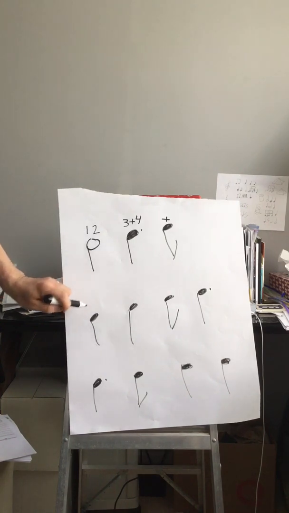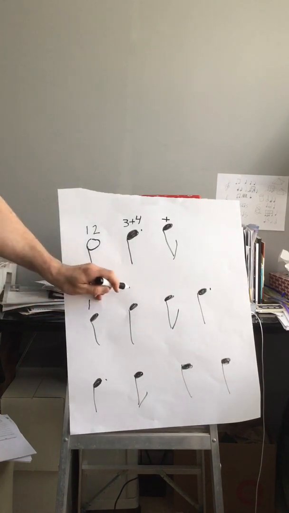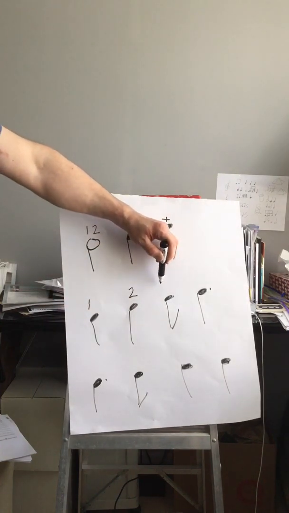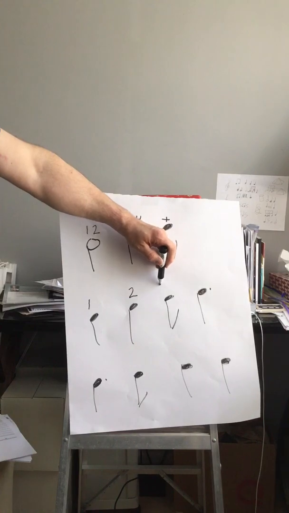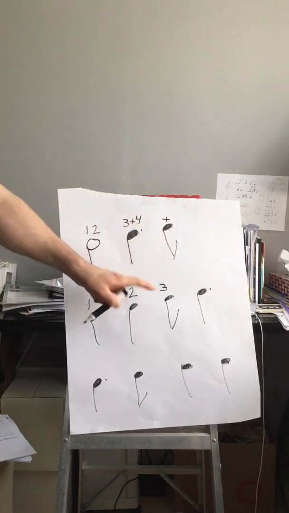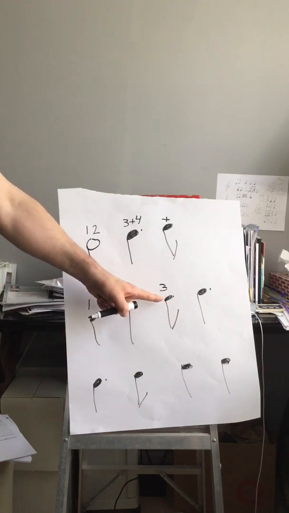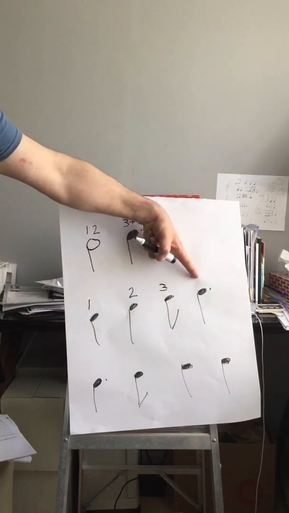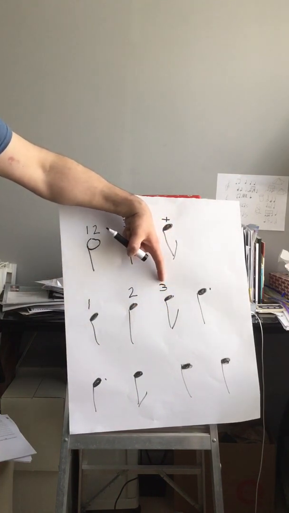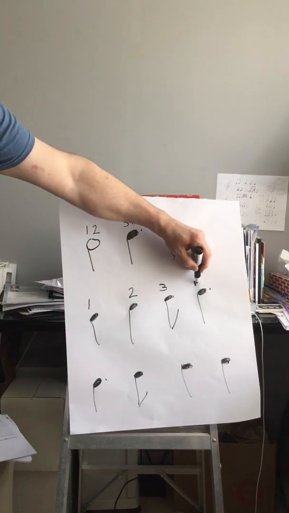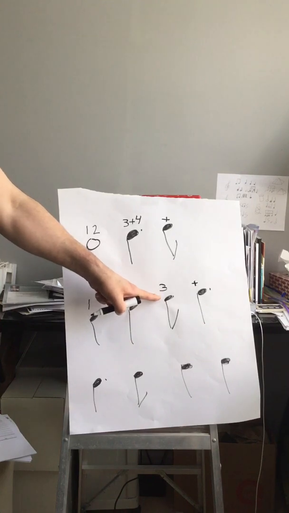Okay, here's another one. Here's beat 1, here's beat 2. Now this is a little tricky, I didn't show you this one, but this one is beat 3. Again, this gets 3 symbols, so what comes after 3? It's going to be and, right? Because this is only part of 3.